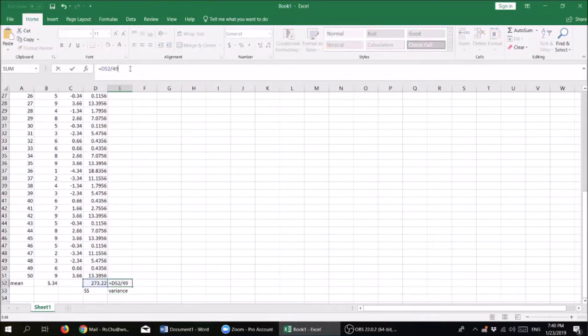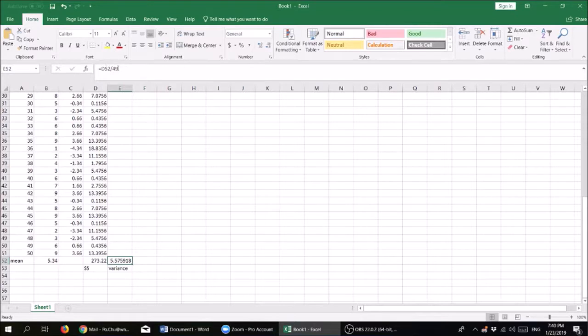Just do 49. Now some people, for some reason, didn't do this calculation. Instead, they probably do the calculation 273.22 divided by 49 somewhere else, probably using a calculator, and then when they give the answer, they just type this number, 5.575918.